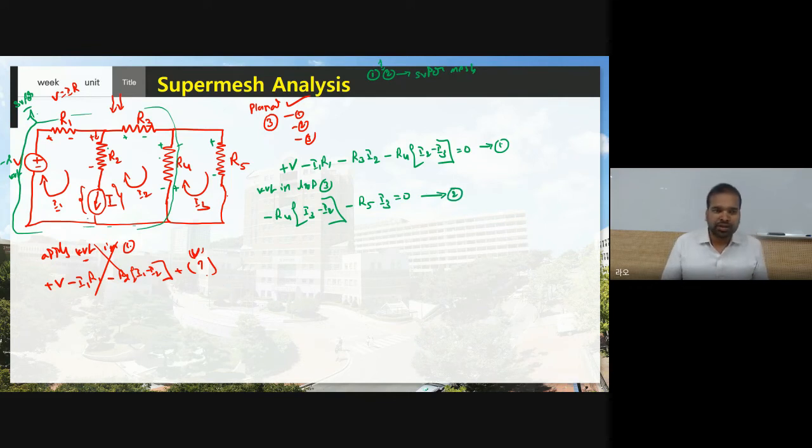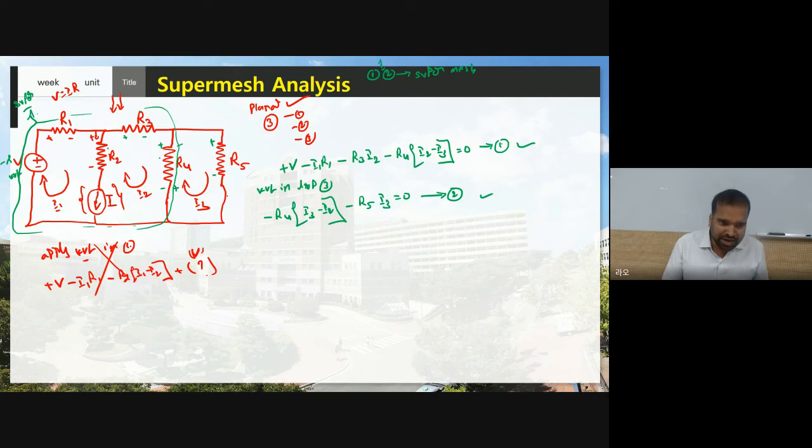Then see, as you have considered three loop currents, I1, I2, I3, if you want to find I1, I2, I3, how many equations do you need? Three equations, but you get only two equations. Then how to get the third equation? By using this current source itself, you will get the third equation.